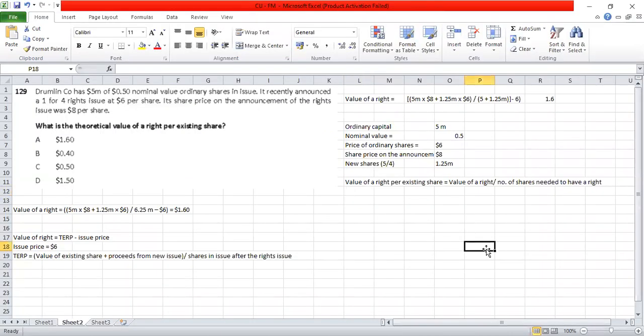Now we're able to see the screen. Value of a right per existing share is equal to value of a right divided by number of shares needed to have a right.